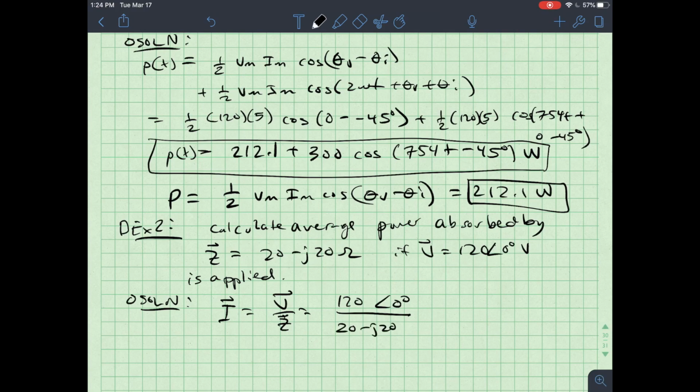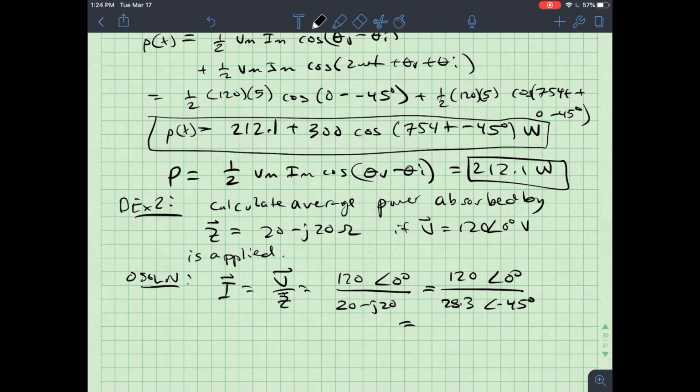If I convert 20 minus j20, it becomes 28.3 angle negative 45 degrees. And so I get 4.24 angle 45 degrees amps.